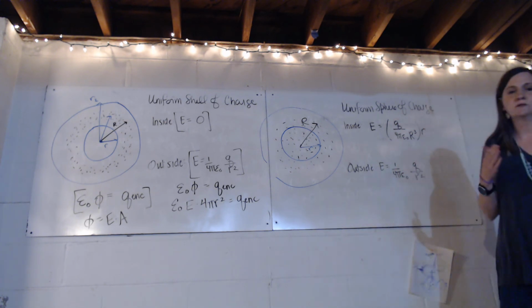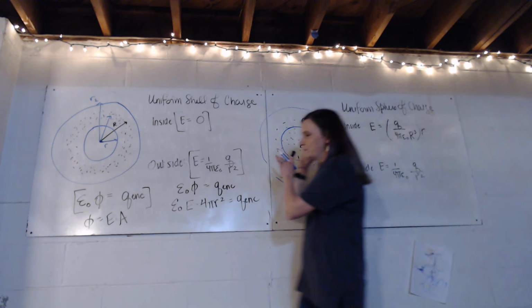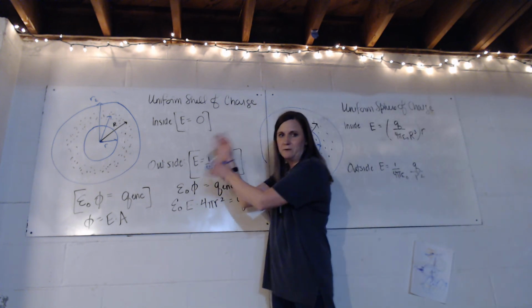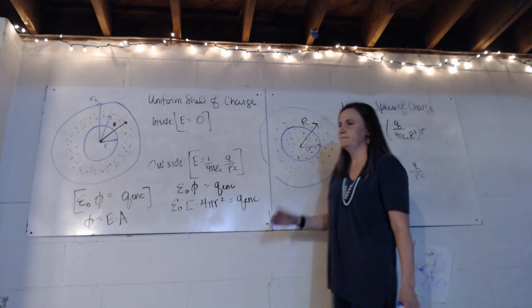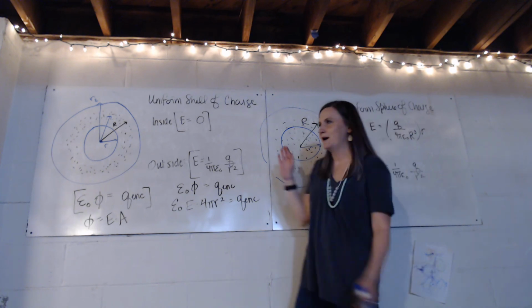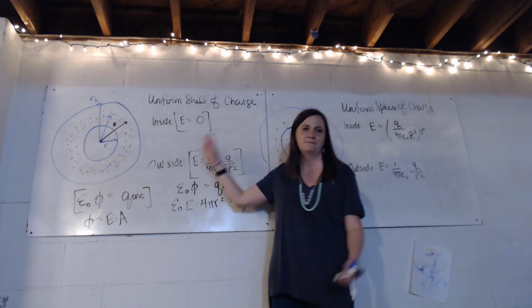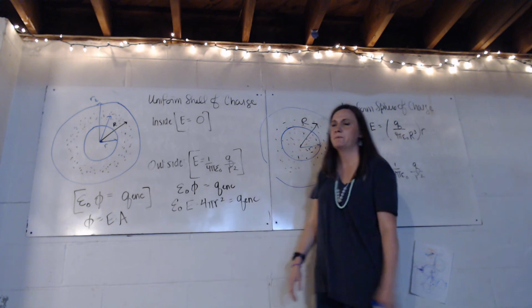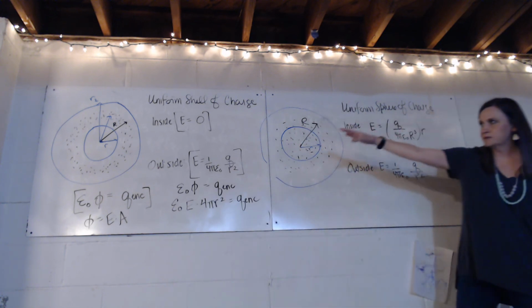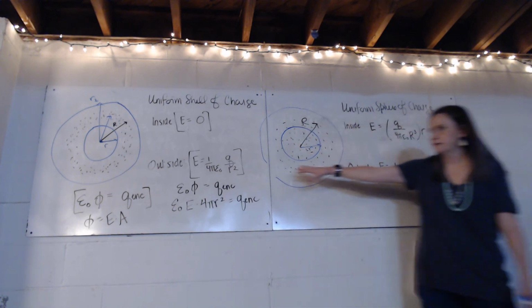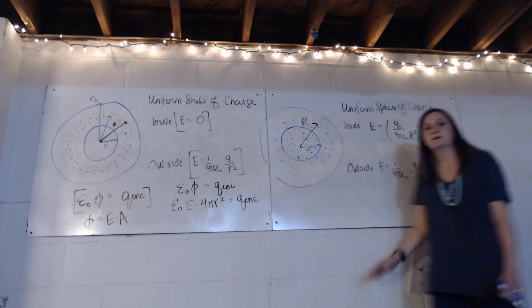You're either going to have shells, and the big brunt of your problems are shell problems, just because later, in more high-level electrostatics, the real world, that's where things are at more. So shells: inside 0, outside KQ over r squared.